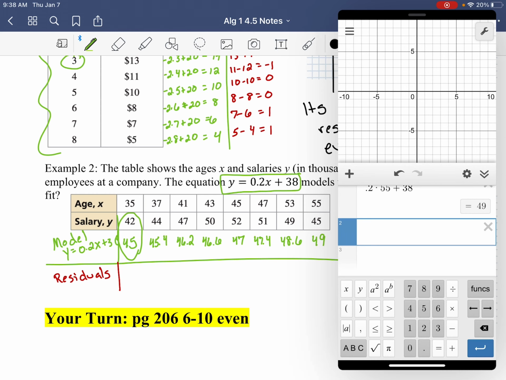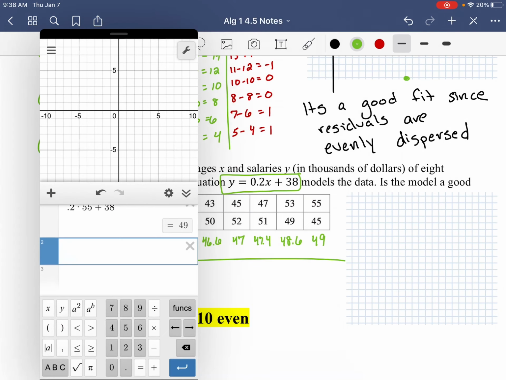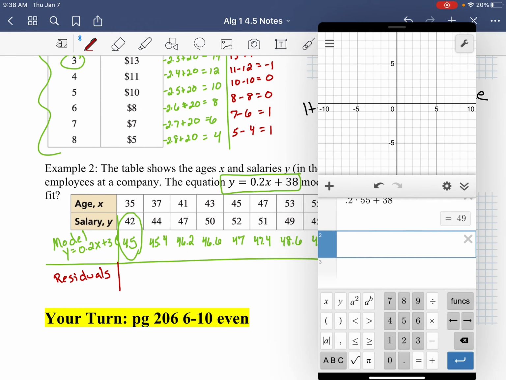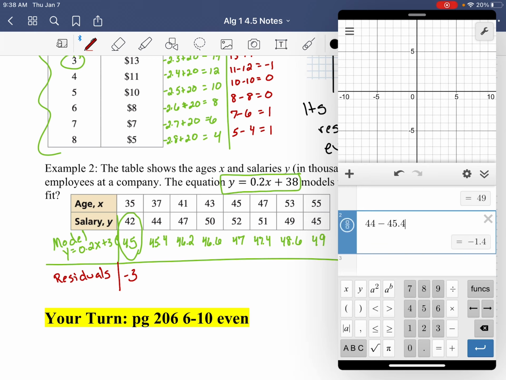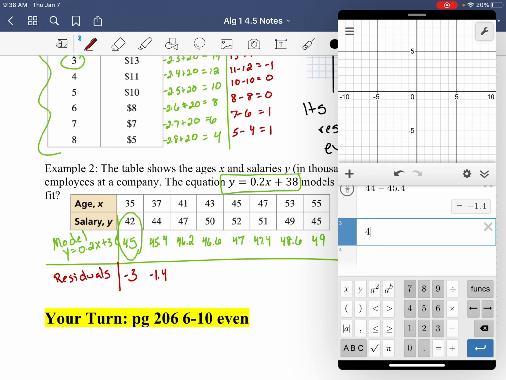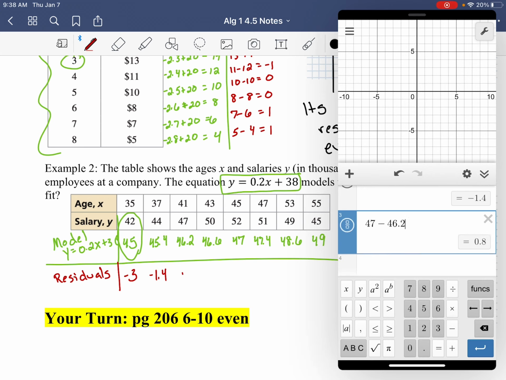I know that one's a negative 3. So 44 minus the 45.4, that one's negative 1.4. And then 47 minus 46.2, 0.8.